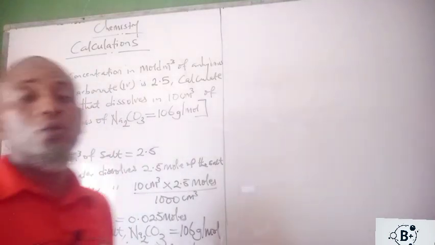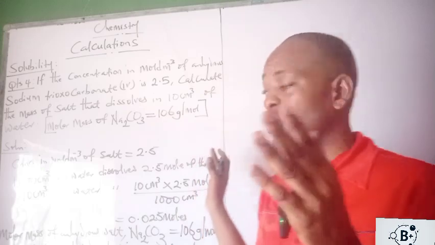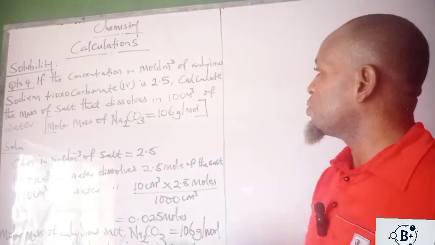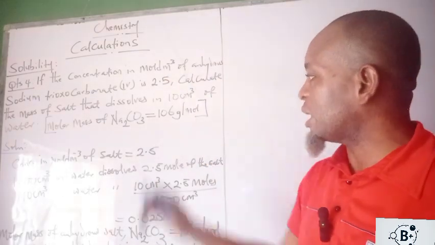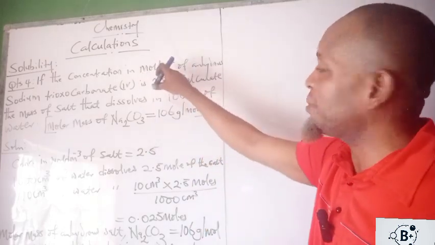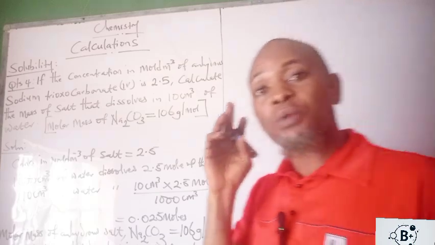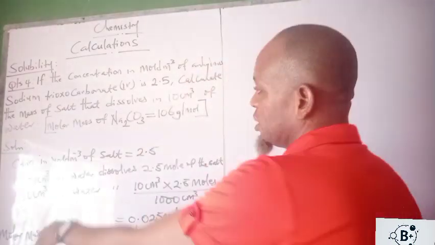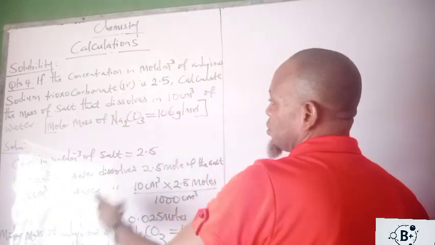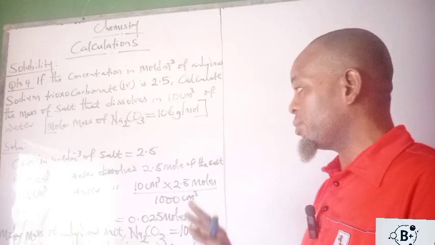So this is how we do this calculation. I want this arithmetic method of just solving it. We look for the concentration that will be given to us, which is 2.5. We state it out. Because it's in mole per dm cube, anytime you hear dm cube, it means it is relative to 1000 cm cube. So that means 1000 cm cube of water. Since they are giving us the calculation in cm cube, it is fair for us to go directly to cm cube instead of staying on dm cube.